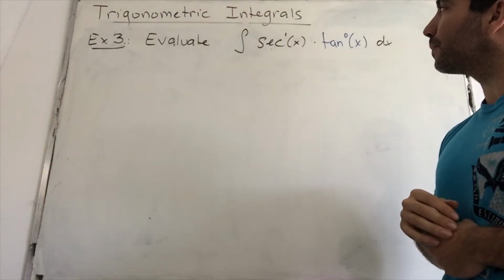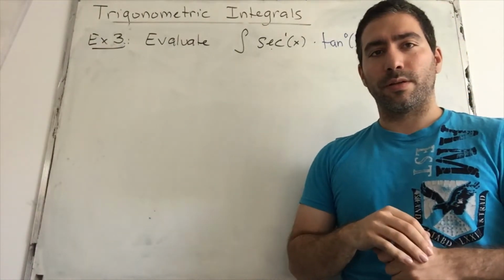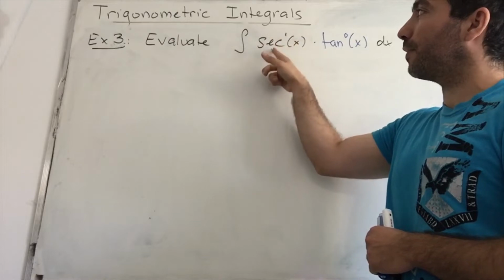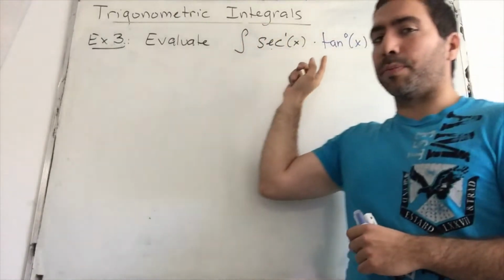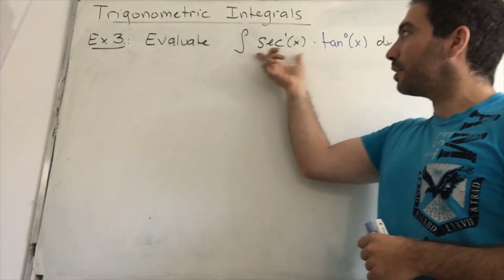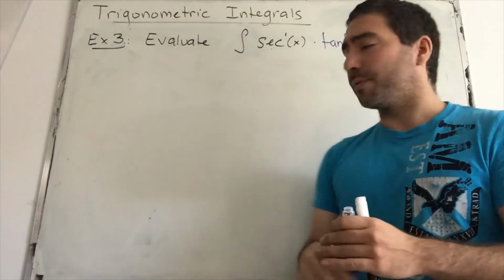We can't use our property here, right? Because our property says we could pull out a secant squared if the exponent of the secant is even, or we could pull out a secant tan if the exponent of the tan is odd. This doesn't satisfy any of our criteria. How do we solve this? So we have to get a bit clever.